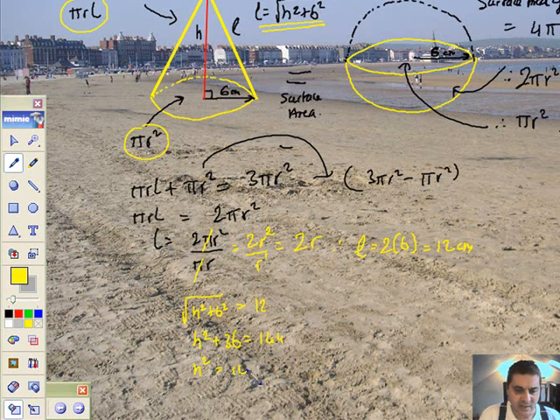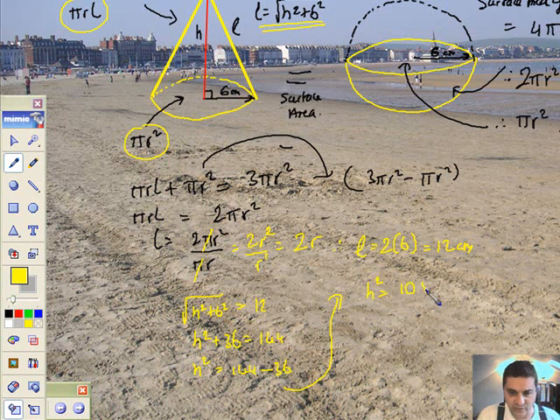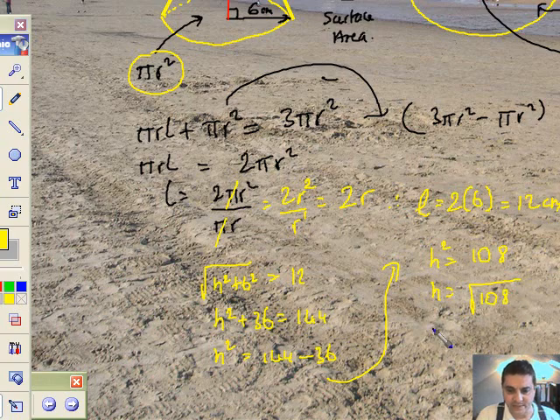H squared is going to be 144 take away the 36, which I worked out as 108. So h squared equals 108, and therefore the height of the cone itself will be the square root of 108, and that gives me a final answer of 10.4 centimetres, and that's really beautiful.